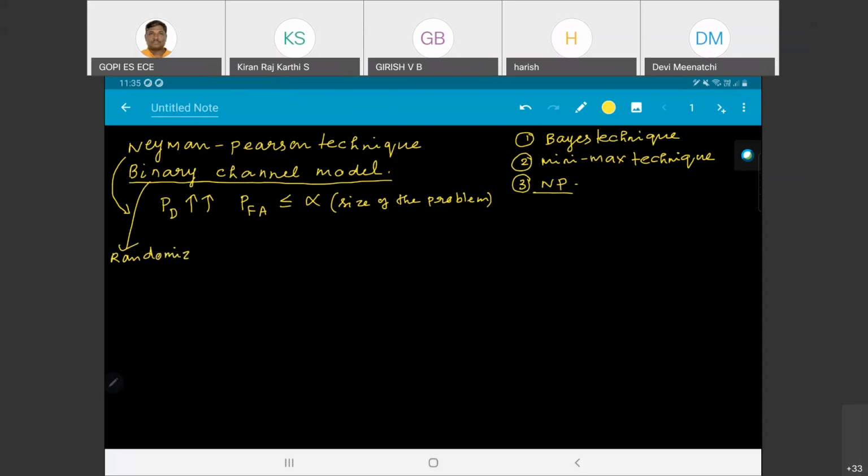Randomized decision rule of the form like this. We have 4 cases in that.